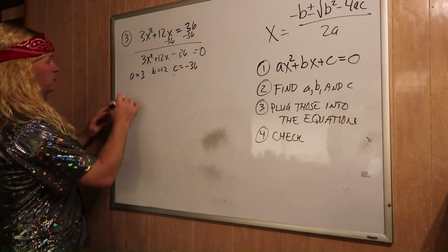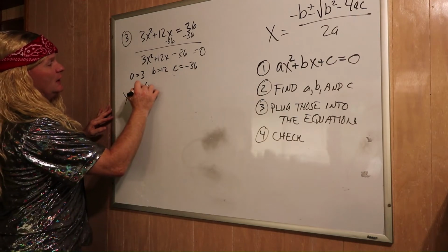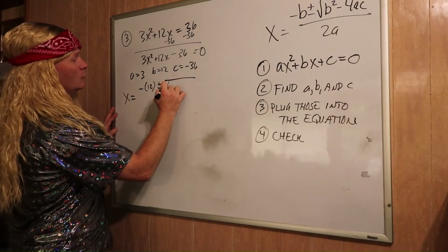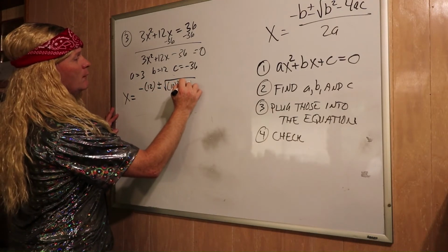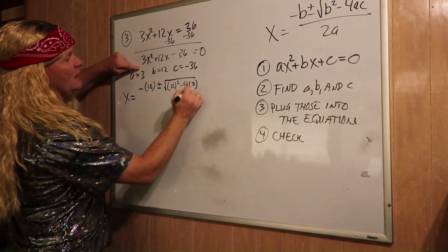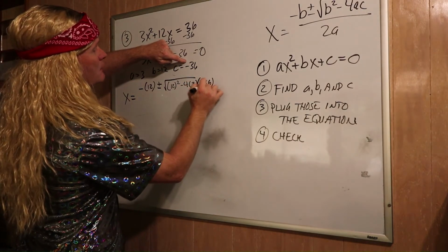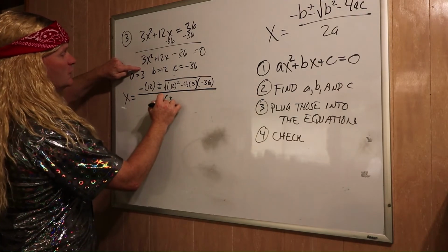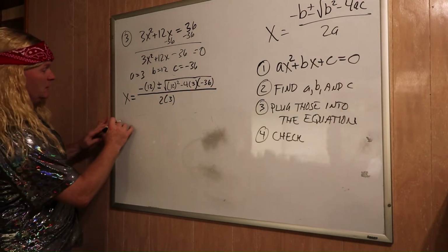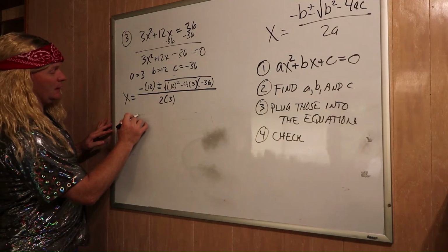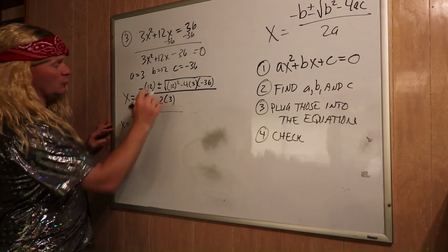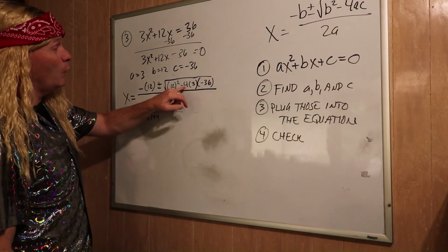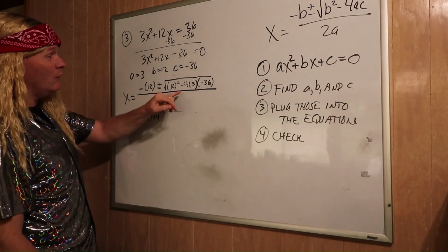Now we're going to fill in the quadratic formula. Negative b plus and minus the square root of b squared minus 4 times a times c, all over 2 times a. See if we can clean this up a little bit. Let's see. Negative 12. 12 squared is 144. Negative 4 times 3 is negative 12.